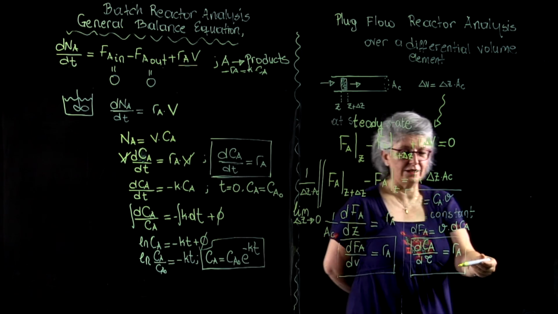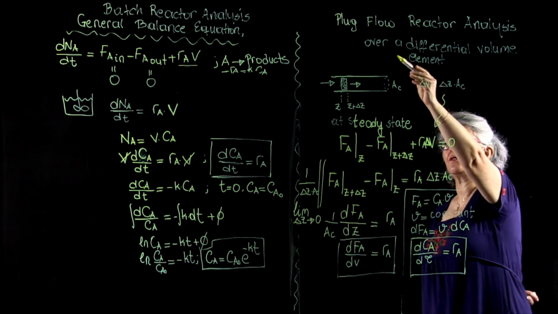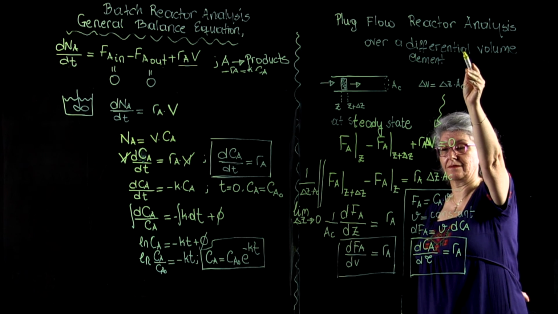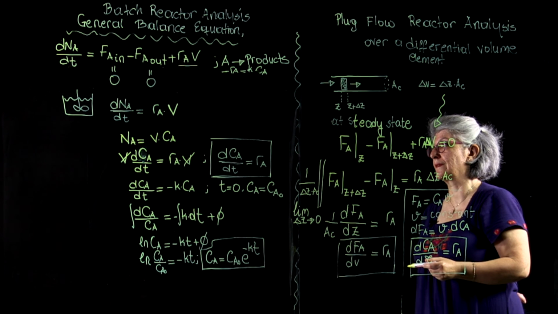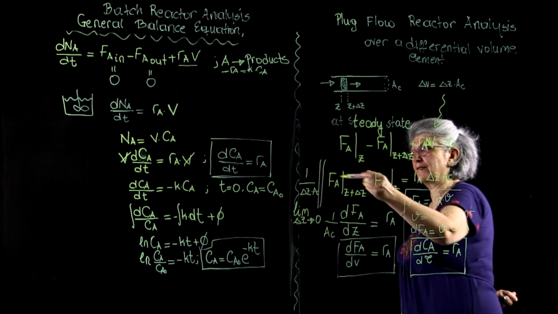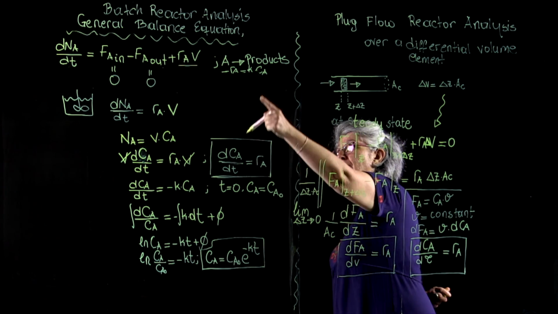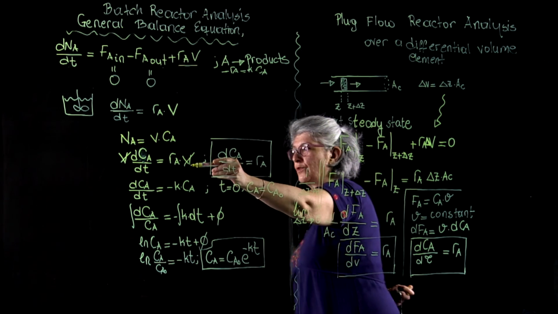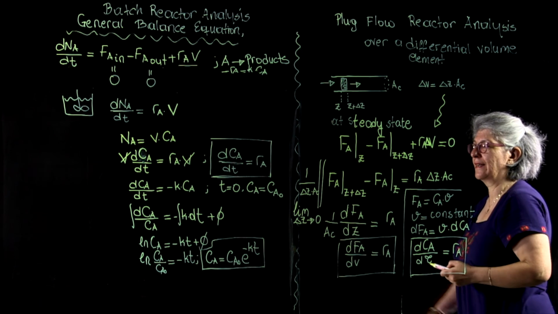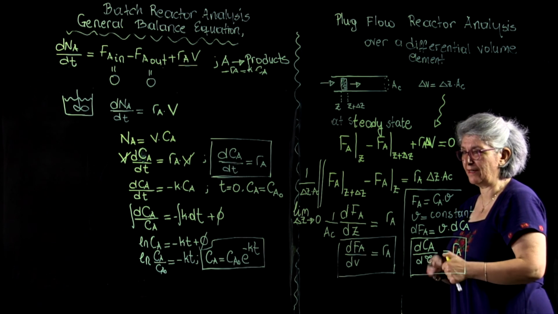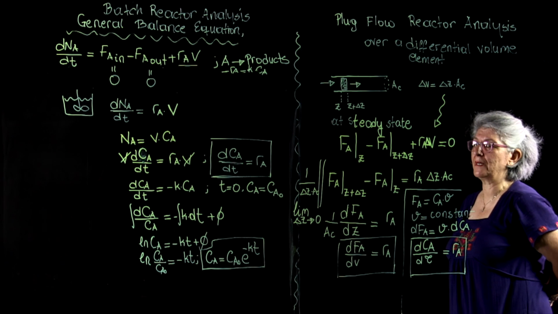This is the design equation for a plug flow reactor where volumetric flow rate is constant. This was the design equation for a batch reactor for constant volume. And the mathematical similarity should be kept in mind.